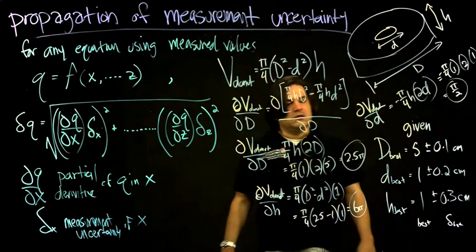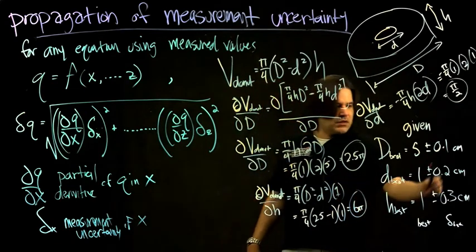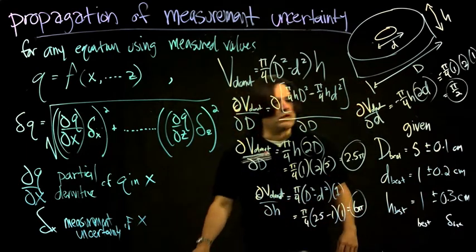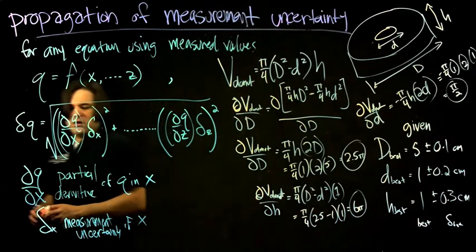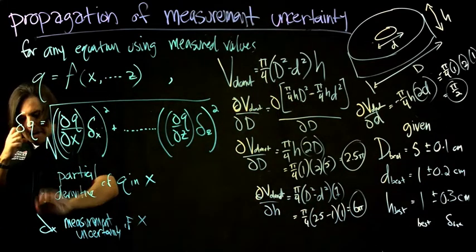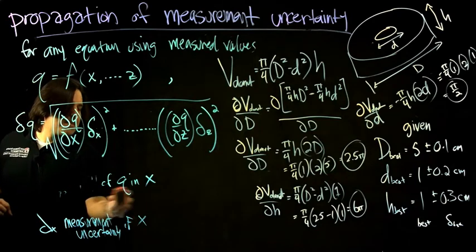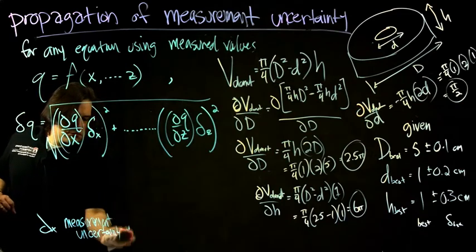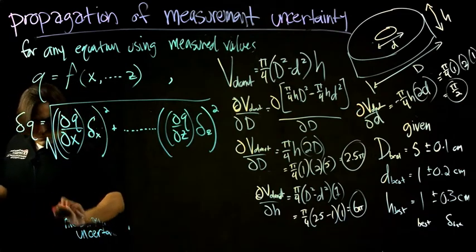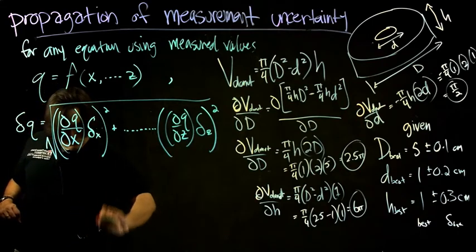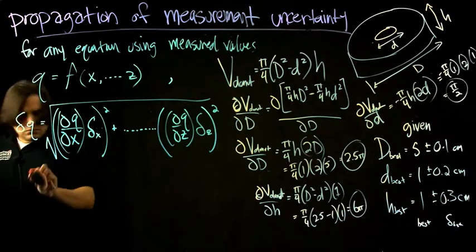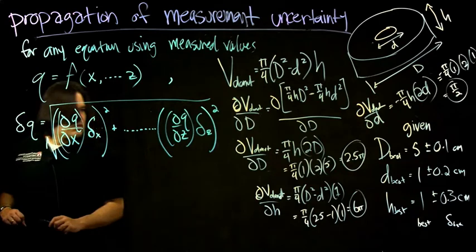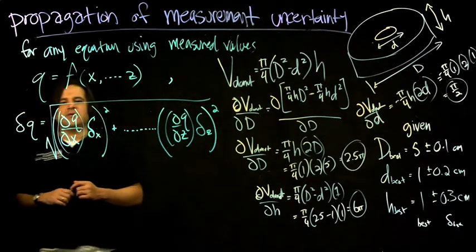Then we're going to use the reported experimental uncertainties and plug them into here. So we're almost ready to get a number out of this propagation of errors. Okay, so let's do it.